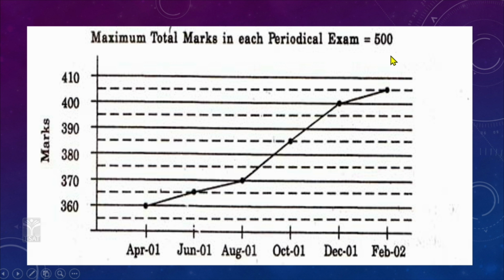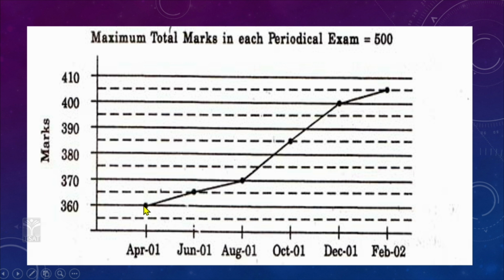In April 1st we got around 360 marks, and in June 1st it is approximately 365, in August 1st it is 370, in October 1st it is around 385, in December 1st it is 400, and in February 2nd, of course February 2002, it is 405.